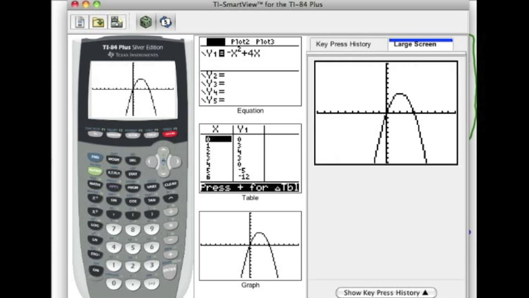And there's my graph right there. Forms a nice looking parabola. Let's take this graph onto a different page.